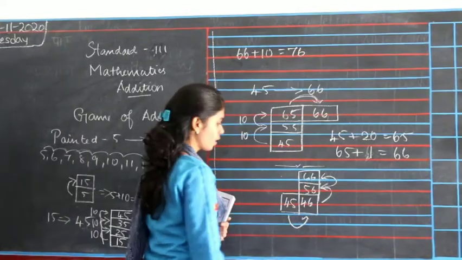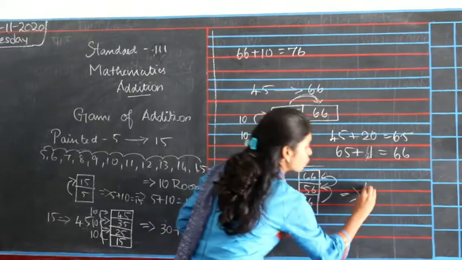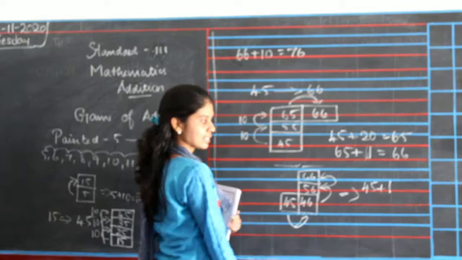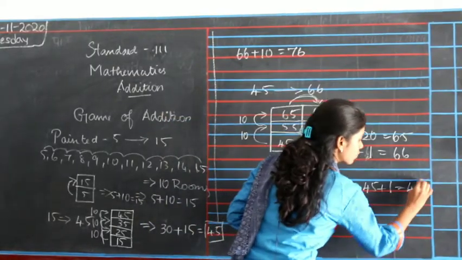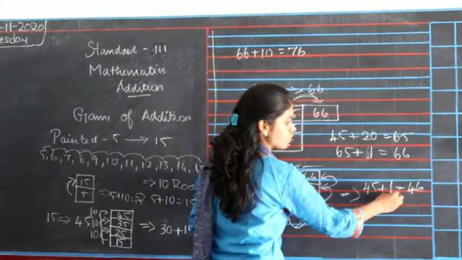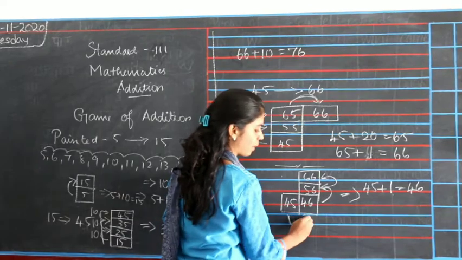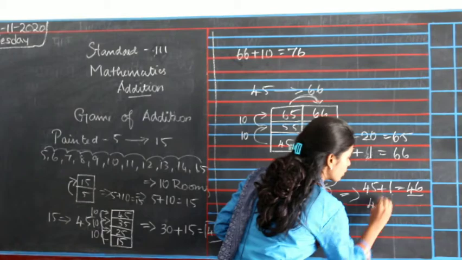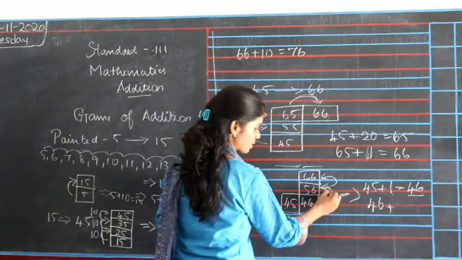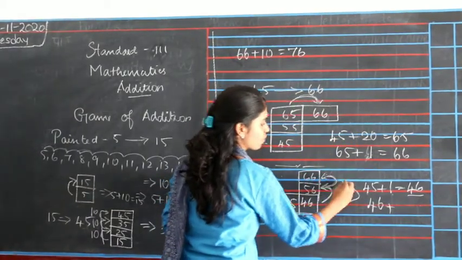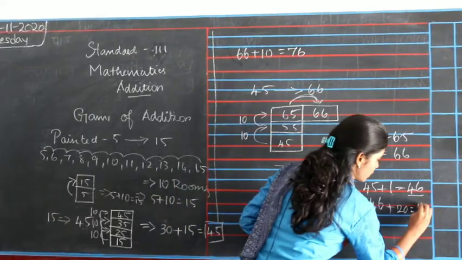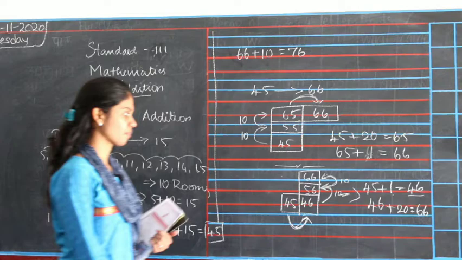So here it will be 45 plus 1. He will move from 45 to 46. So 45 plus 1, he is moving once, passing only one room. He will reach 46 and then he will be jumping twice, which is 10 rooms each. So 20, which is 66.